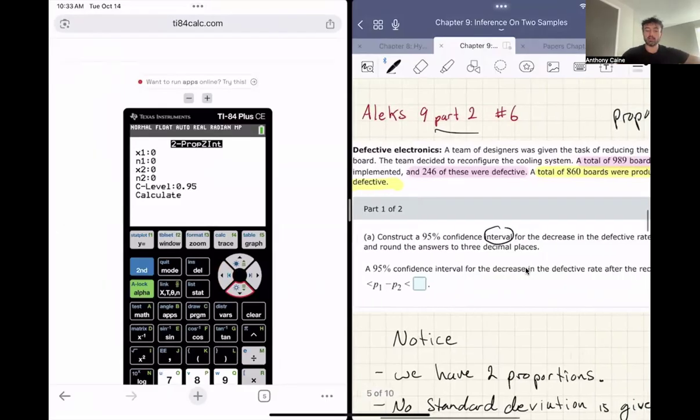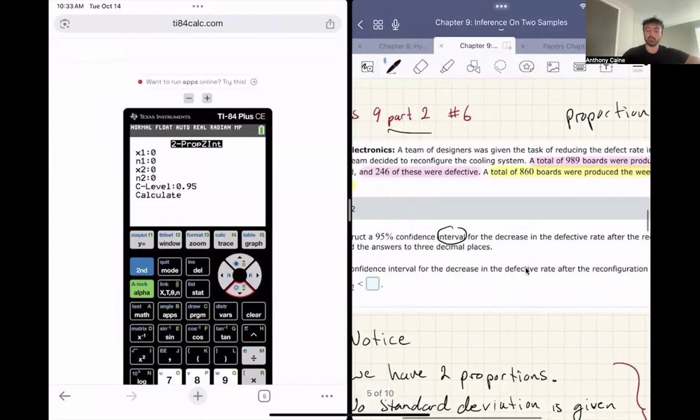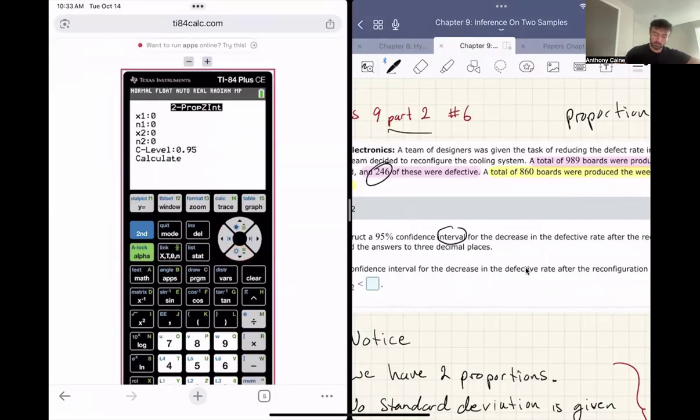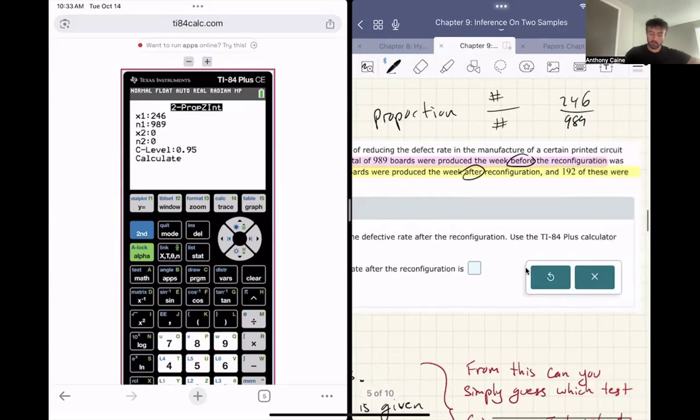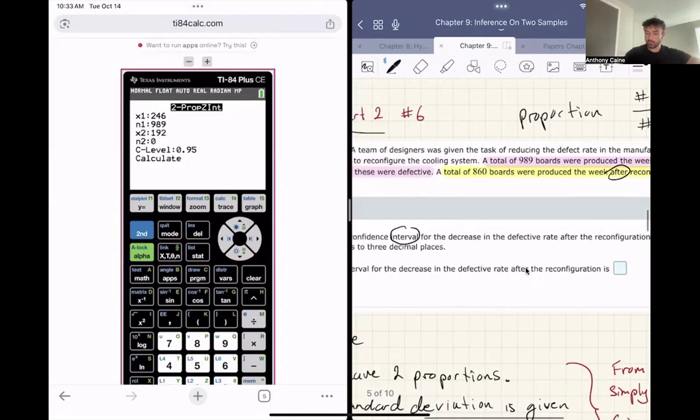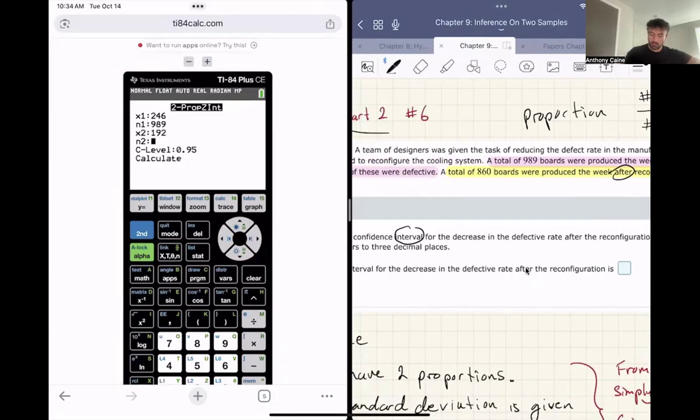X is how many things test positive, in this case, defective. So that's 246. N is out of the total, 989. How many other ones test positive after reconfiguration? That's 192 out of 860.